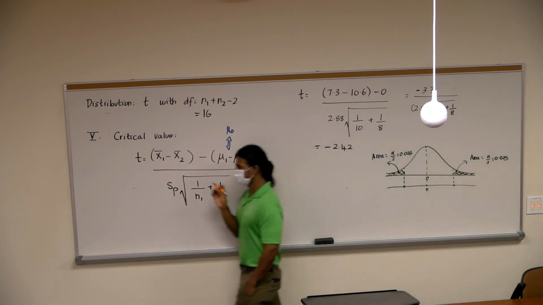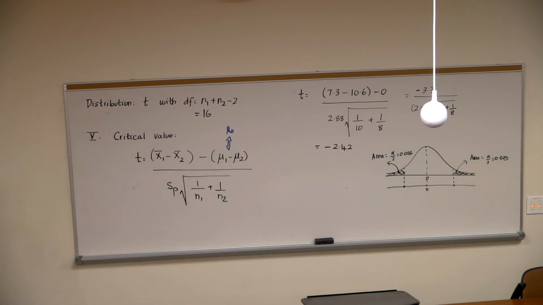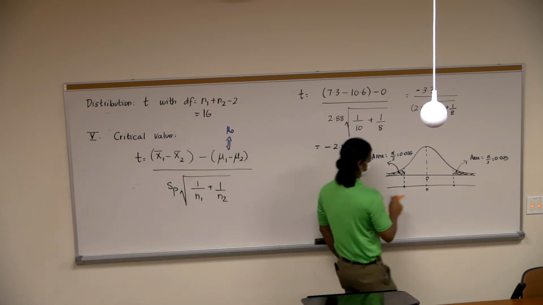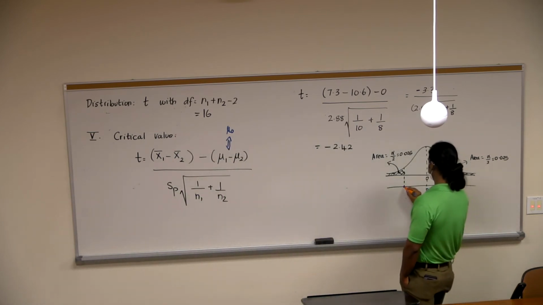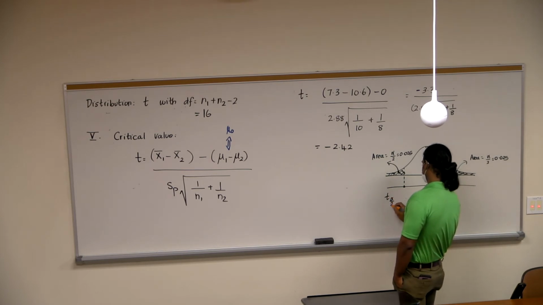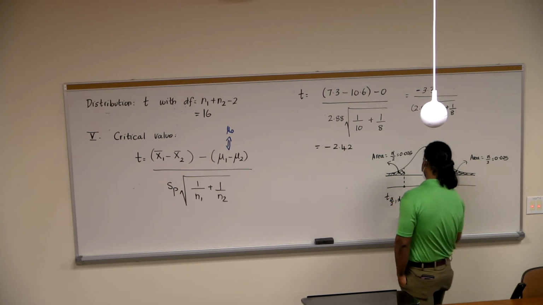What function should we use in the calculator to find the critical value? Inverse. So let me put the notation so you would know what to use. This one would simply be t sub alpha over 2, comma df.